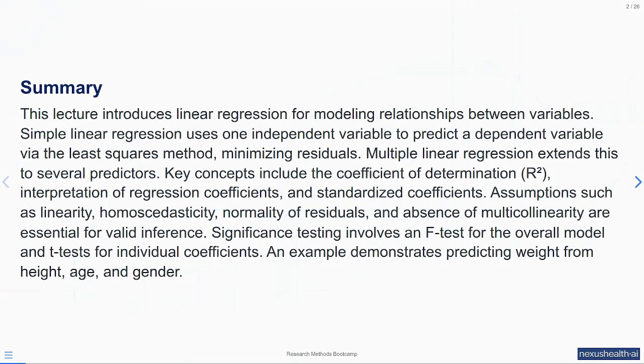We look at significance testing that involves an F-test for the overall model and T-test for individual coefficients. We also look at an example that demonstrates how to predict weight from height, age, and gender.